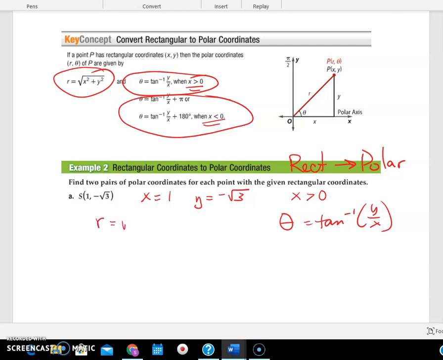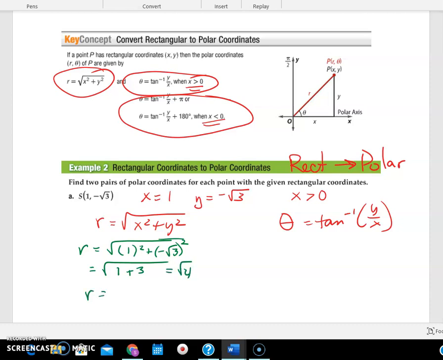And then my r is the square root of x squared plus y squared. So we'll do a little substituting to find the r. 1 squared plus negative square root of 3 squared. So that's 1 plus 3, which is square root of 4. So r is 2 in my polar equation.